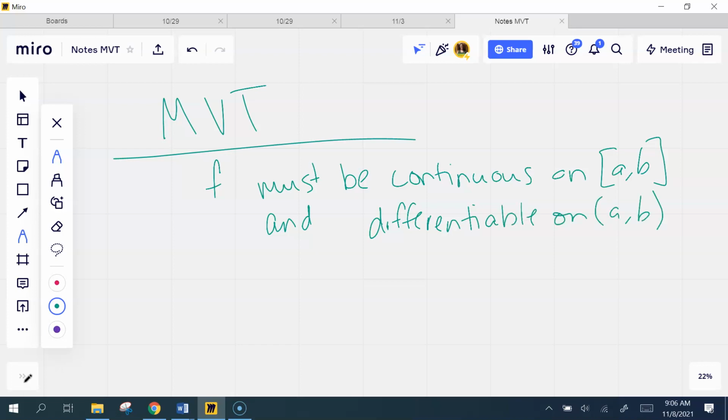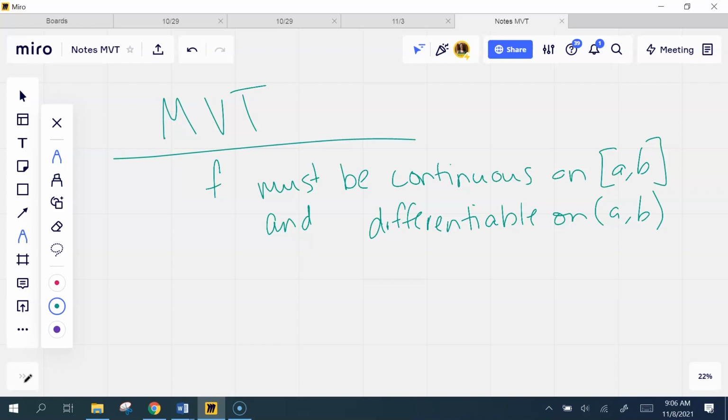And the reason is, if I have endpoints, I'm talking about a closed interval here, right? So it's not infinite, it's not going on forever. It's between two values. Endpoints are never differentiable because you don't have a limit from the other side. You don't have a derivative from one side, right? So endpoints are not derivatives, so that's why it's exclusive there.